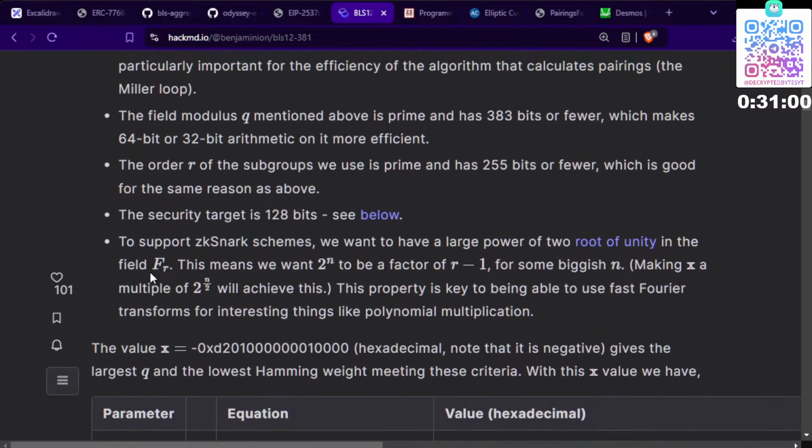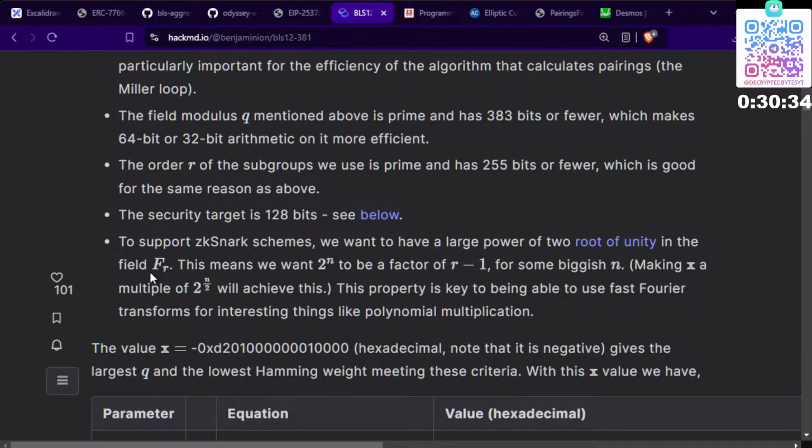The field modulus q mentioned above is prime and has 381 bits or fewer, which makes 64-bit and 32-bit arithmetic on it more efficient.